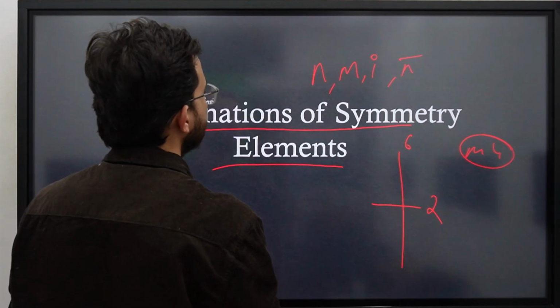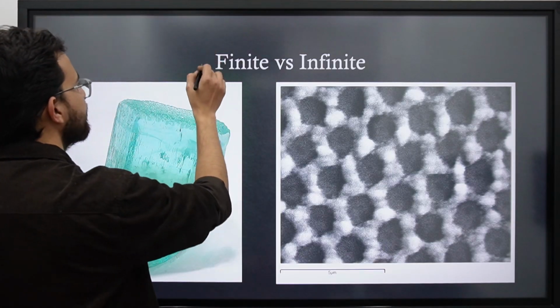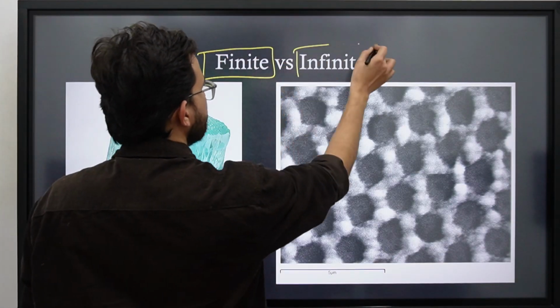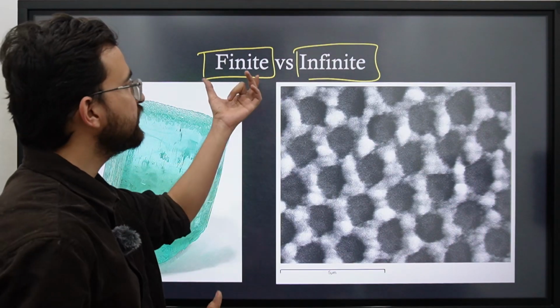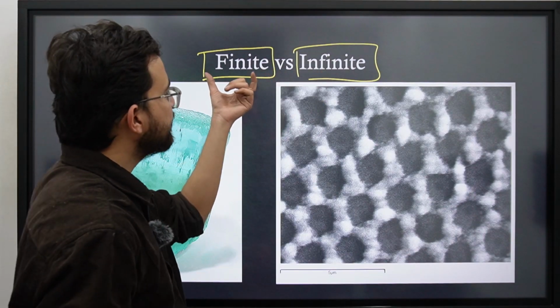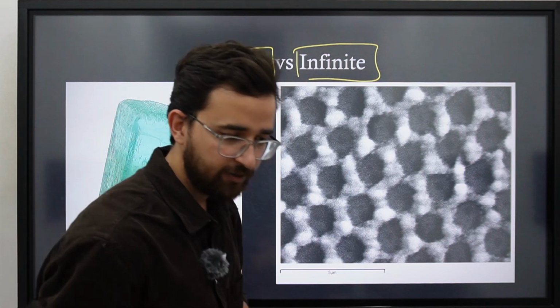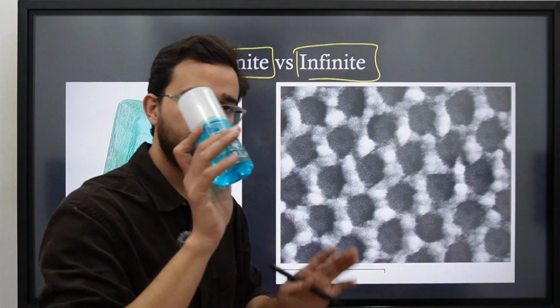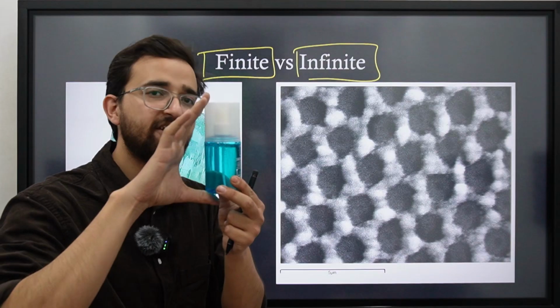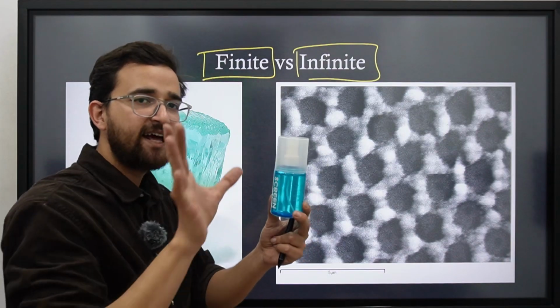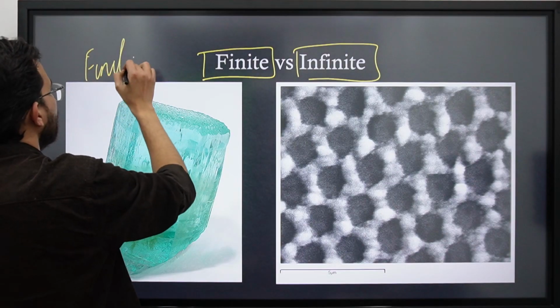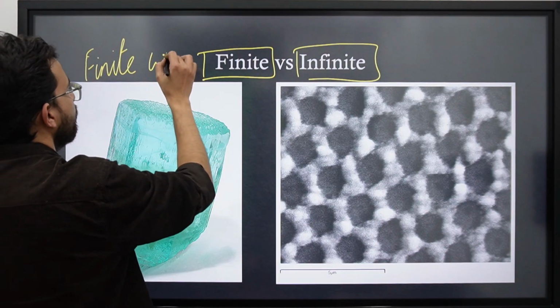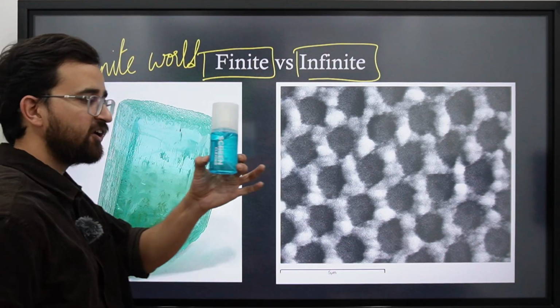So let us begin. Before we do that, there are two terms on this board: one is finite and the other is infinite. What do these signify? They signify what I am looking at. For example, this bottle that we were looking at is a representation of the finite world. That means this object has some boundaries.